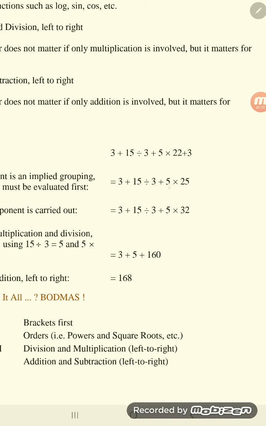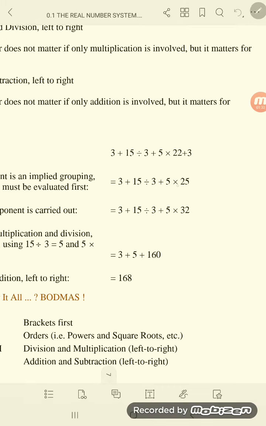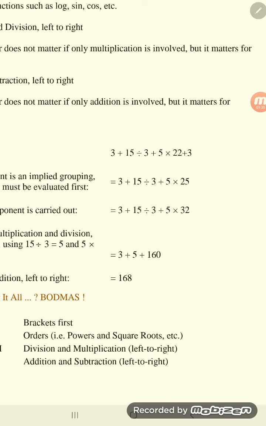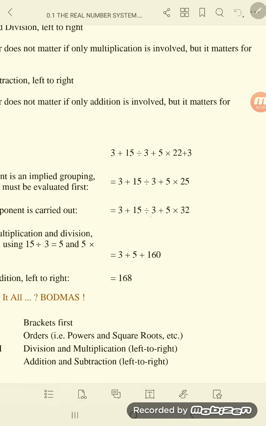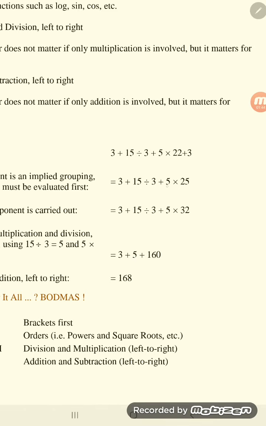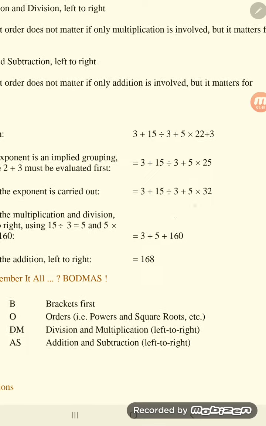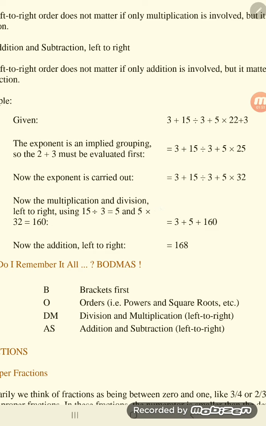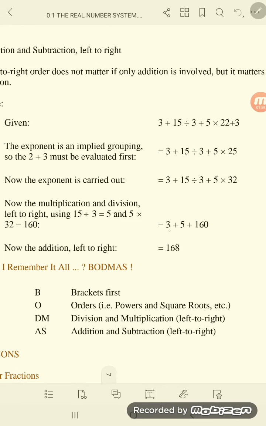You can put a bracket for these two operations, and then start the addition. 15 divided by 3 will be 5, and 25 multiplied by 5 will be something like this. 5 multiplied by 32 will be 160. And then you can total everything together to get 160.